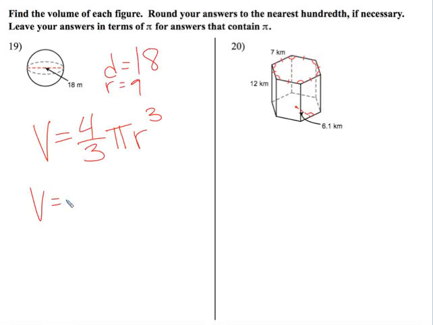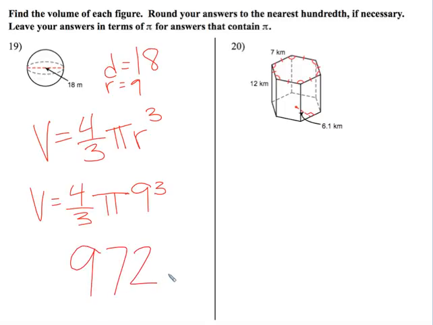So 4/3 pi 9 cubed. What I would do first is do 9 cubed, which is 729. And then multiply that by 4/3. What I do is multiply by 4, then divide by 3. And I get 972 pi.